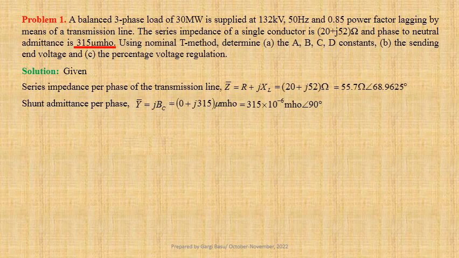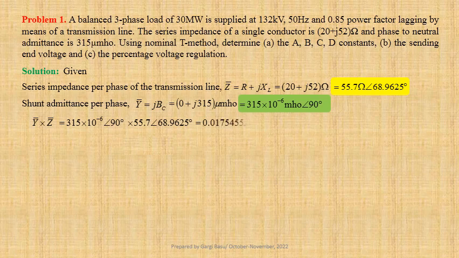Let us now calculate Y into Z. Using values we get 315 into 10 to the power minus 6 at an angle 90 degree into 55.7 at an angle 68.9625 degree, that gives us 0.0175455 at an angle 158.9625 degree.